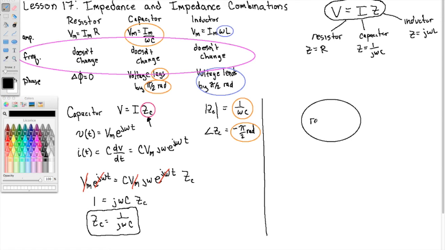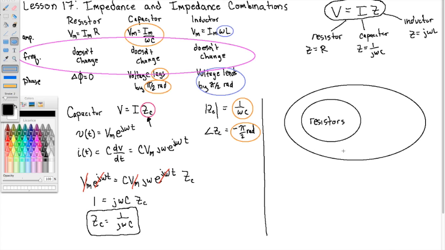Well, here's the universe of resistors. But that is just a smaller part of a much larger universe of impedances.